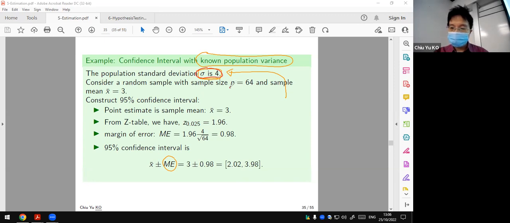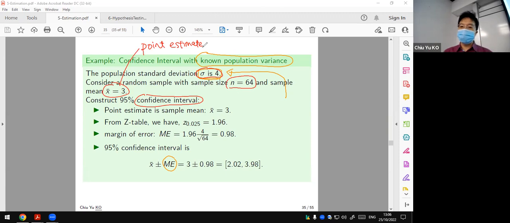we have a sample size of 64 and a sample mean of 3. The question is how to get a confidence interval estimate. Do note that the first thing that comes to mind is that X bar is already a point estimate, and that is the best we can get. Suppose we have to ask what is your guess, that will be 3. Then we're done. The next question is, can we do more?